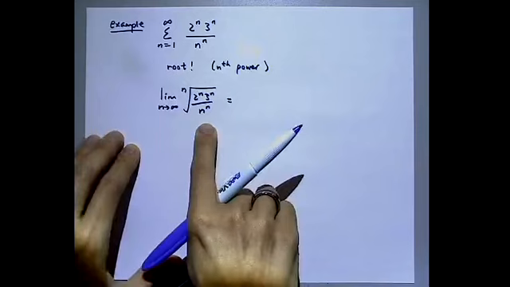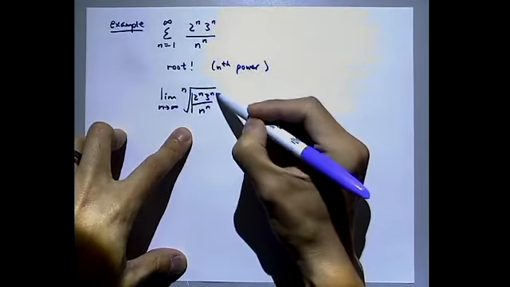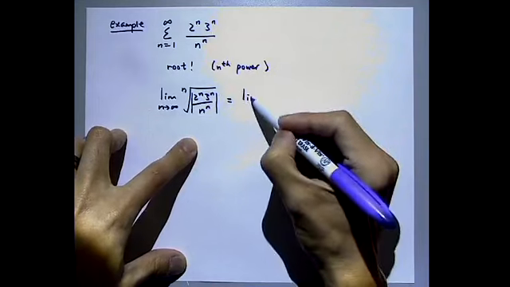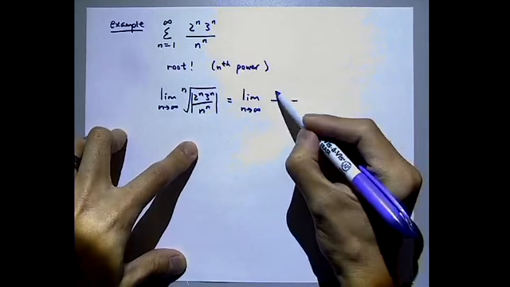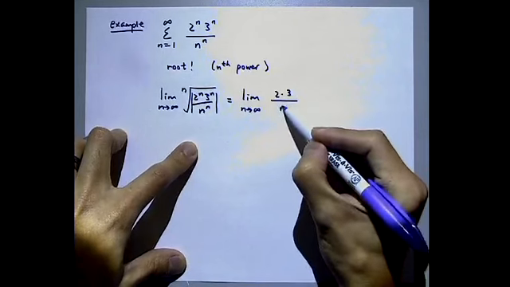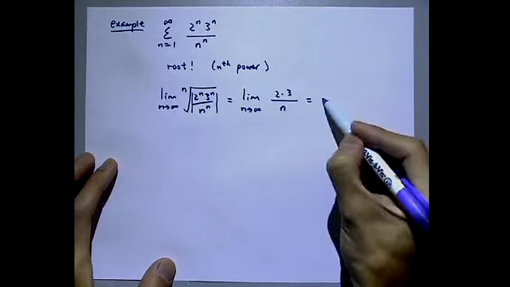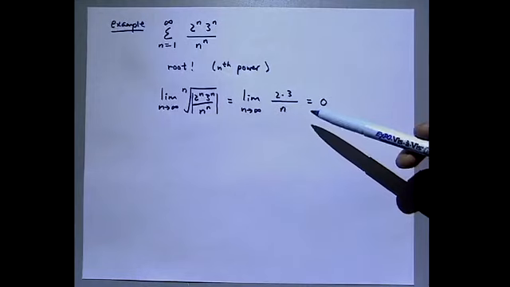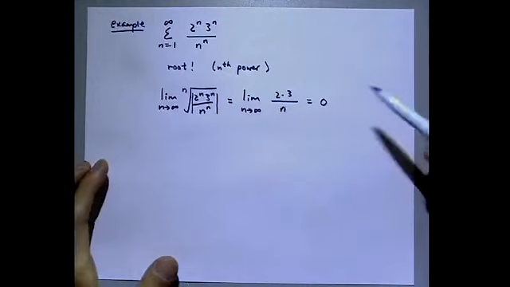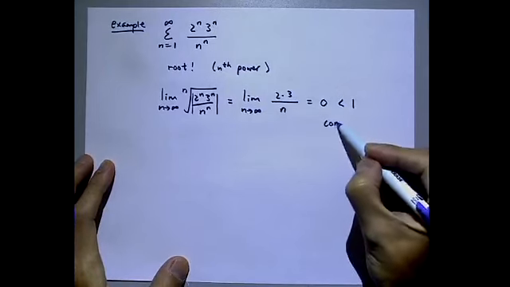You take the nth root of all of these, technically the absolute value, but they're all positive, so we can be a little bit sloppy with the absolute value there. And right away you see that this will go to 0 because of the n downstairs. 0 is less than 1, so that's great. This thing is going to converge.